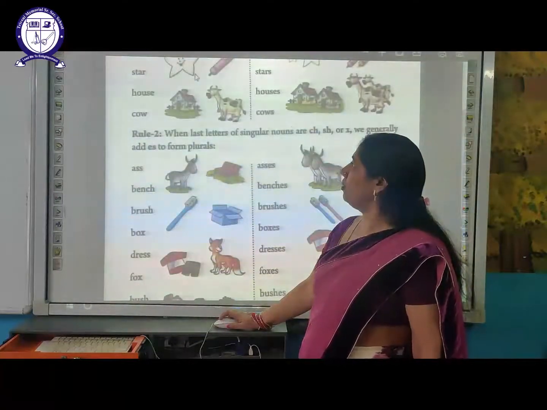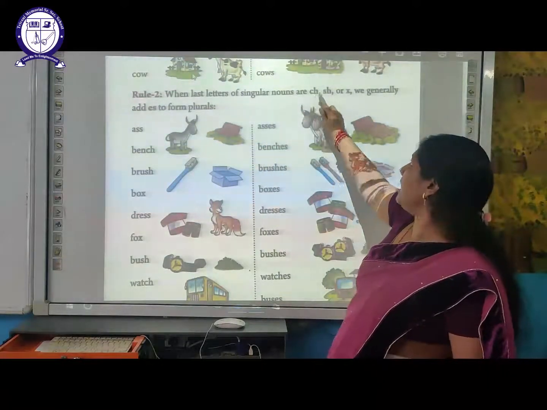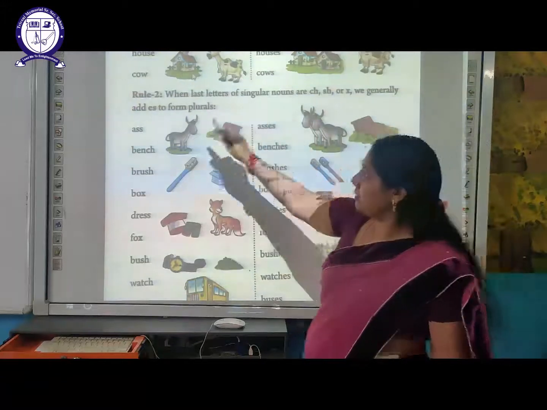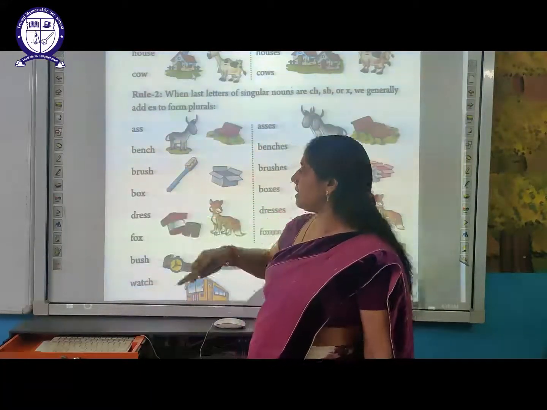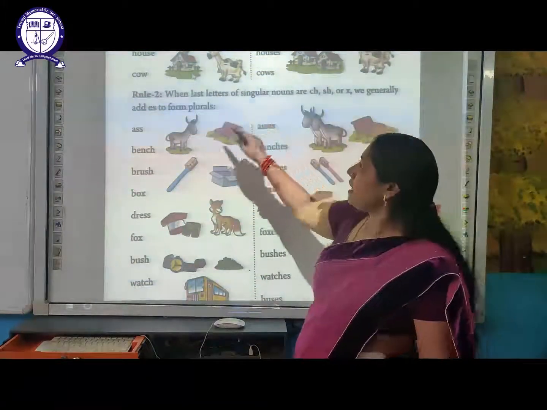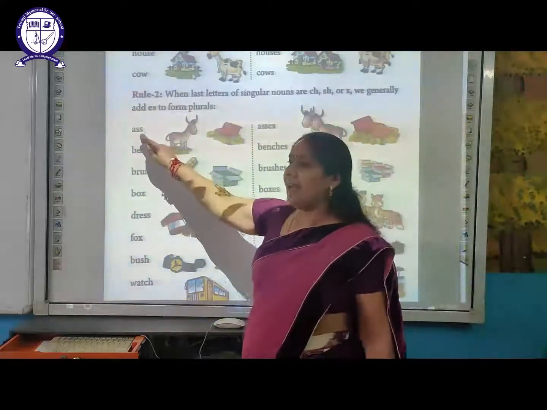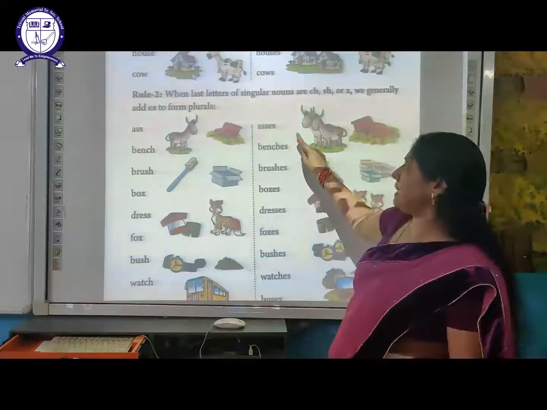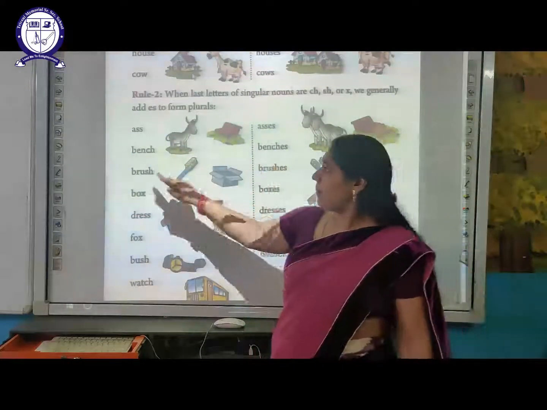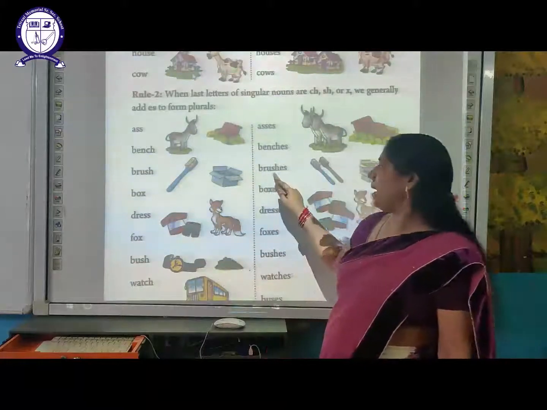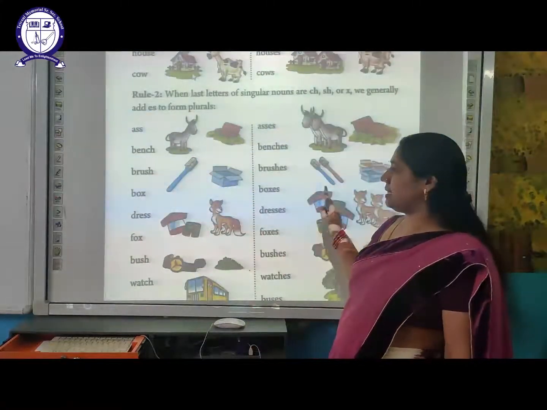Rule number 2. When the last letters of the singular noun are ch, sh, x, s or double s, then we have to add es to make it plural. Bench, ch, benches. Brush, sh, brushes. Box, x, boxes.